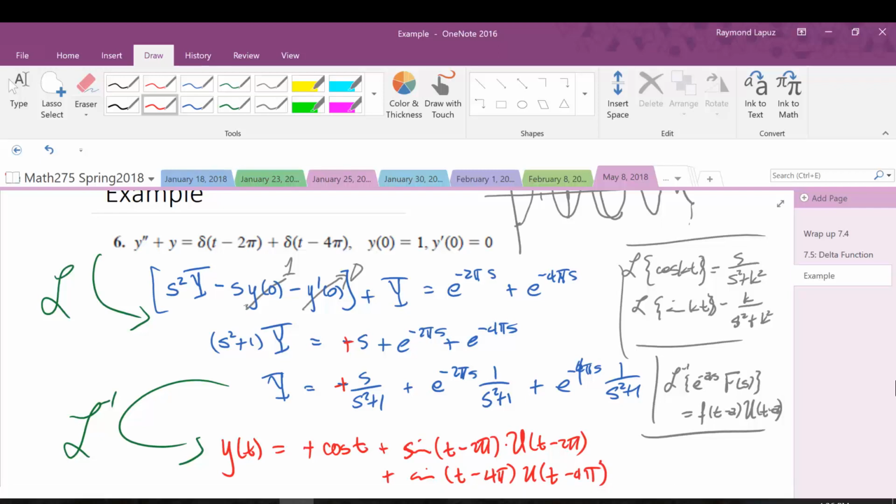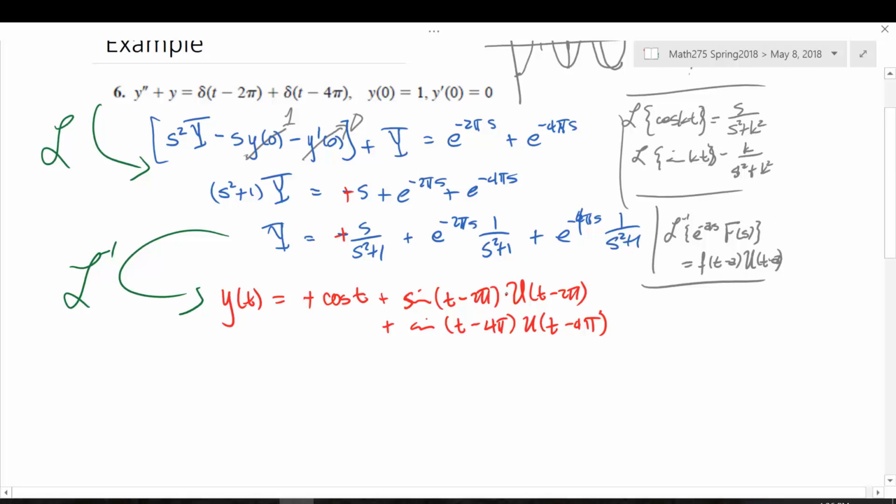So if t minus 2 pi and t minus 4 pi are just sine functions, then it looks like they're just sine functions. So we have cosine t plus sine t times u of t minus 2 pi plus u of t minus 4 pi.